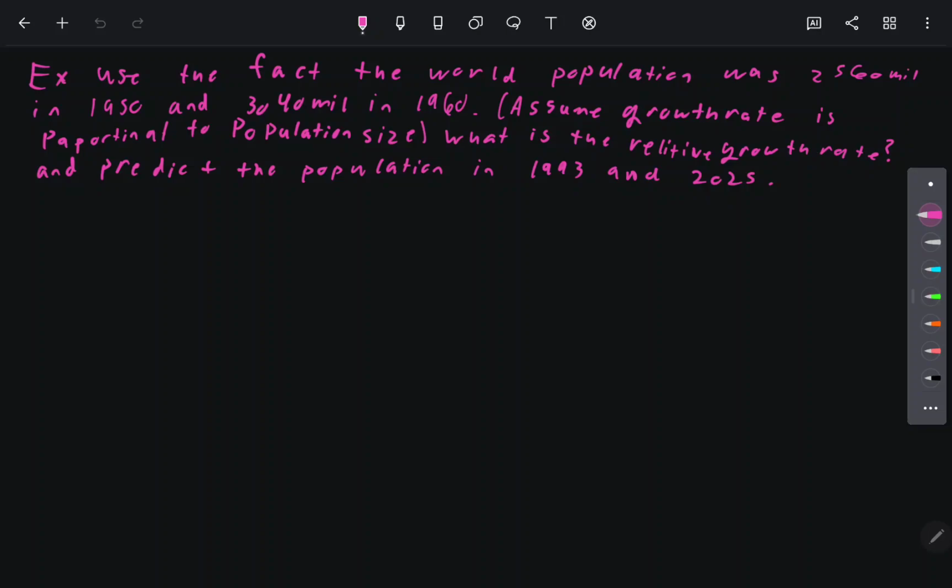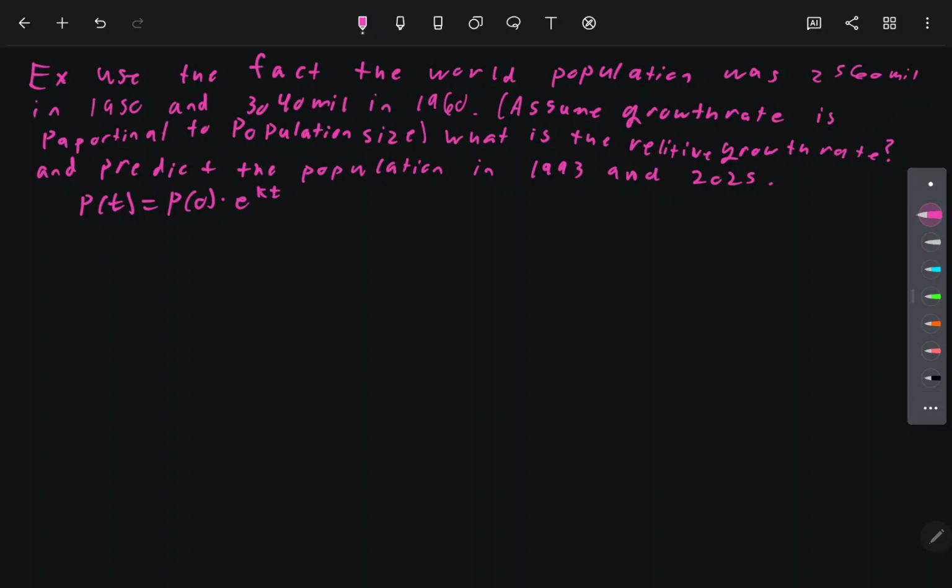So, to start out, we know P of t must be equal to some P of 0 times e to a constant times t. We don't know what that constant is just yet. We know that P of 10, which I suppose is what we're using here. Yeah, that's what we're going to use here.